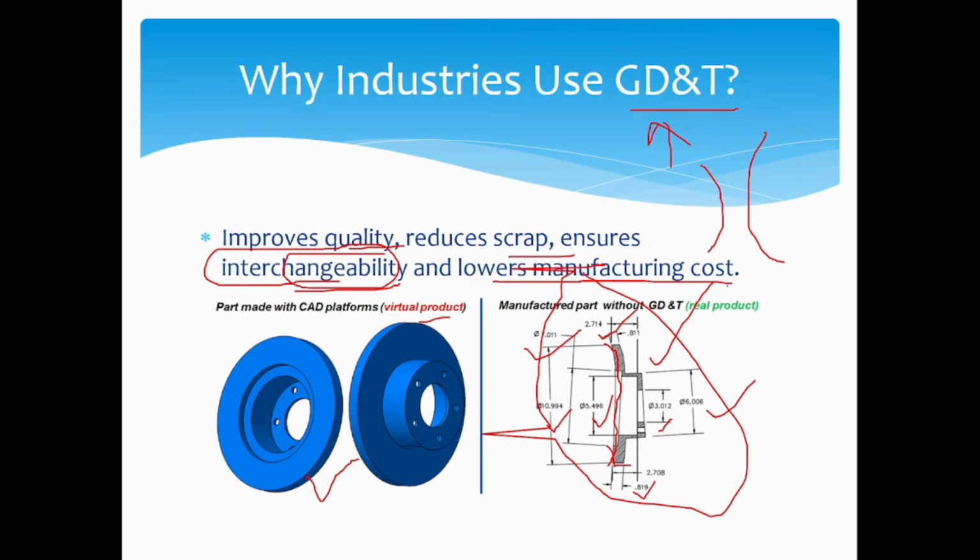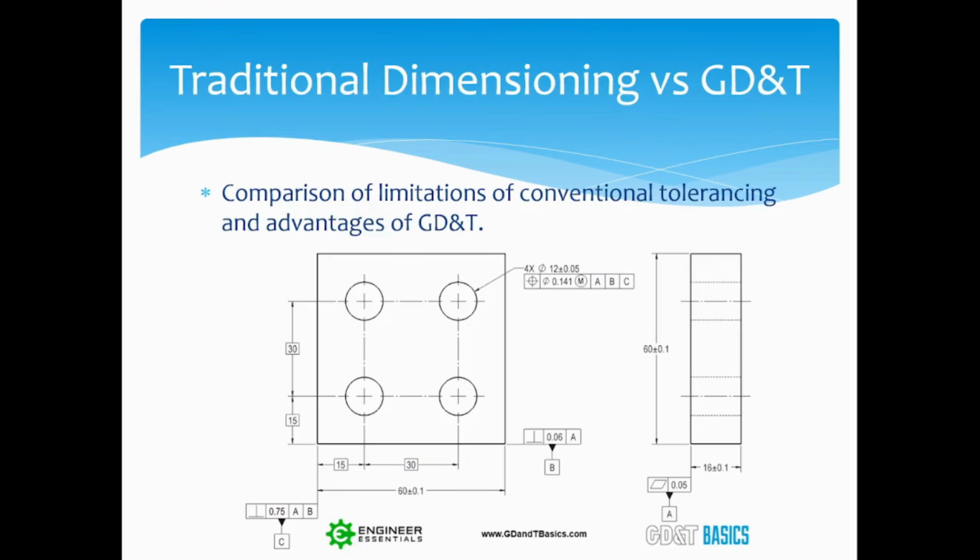Now, we will discuss traditional dimensioning versus GD&T. The comparison of the limitation of conventional tolerancing and the advantages of GD&T is shown in this figure. If I am going to give only the traditional dimensions, I will give the sizes, these three sizes.